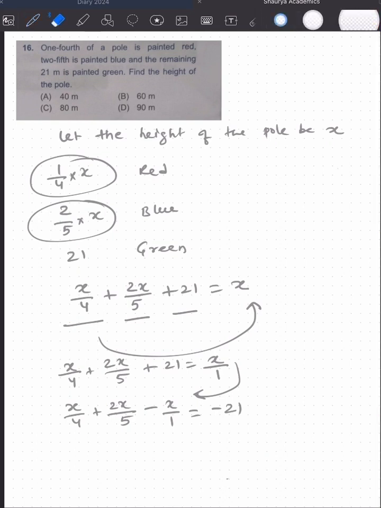Okay, so the LCM will be 20, which means 5x plus 8x minus 20x is equal to minus 21.